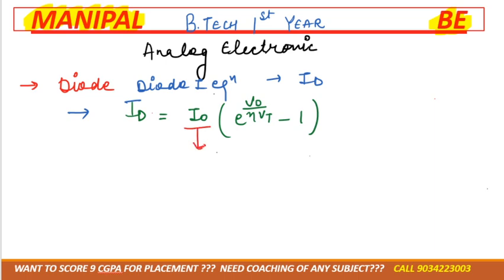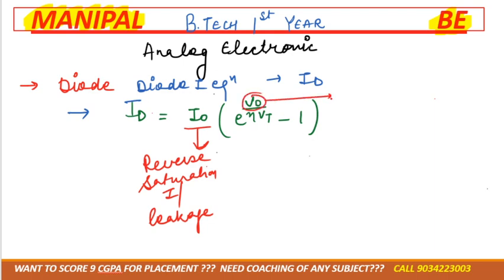I naught is the reverse current. Sometimes they also call it leakage current. E is the applied voltage across the diode. How much voltage we have applied across the diode?